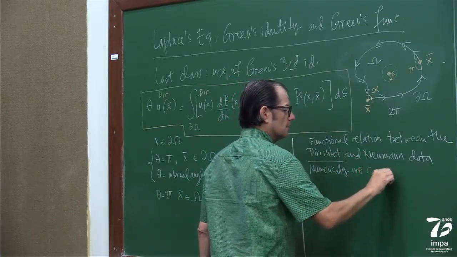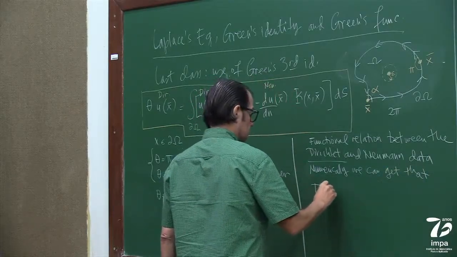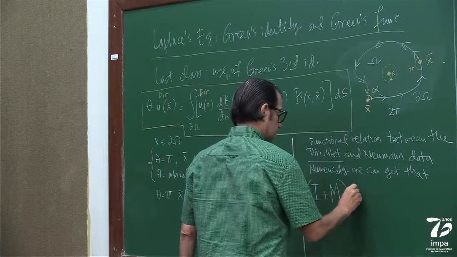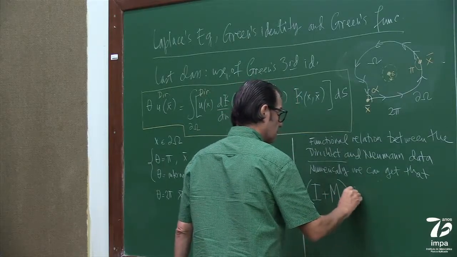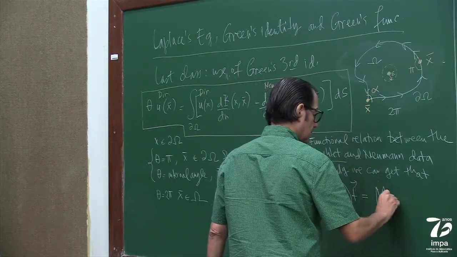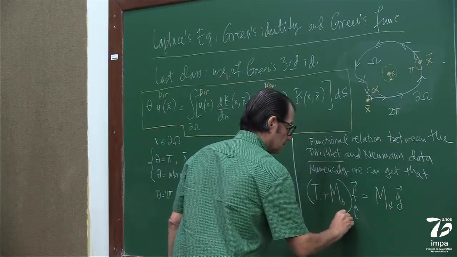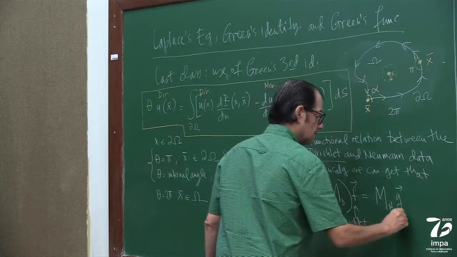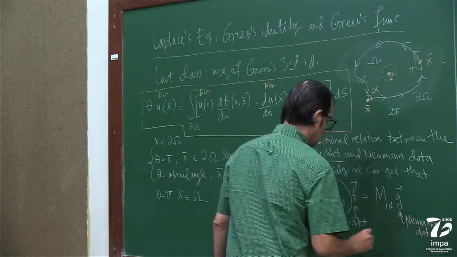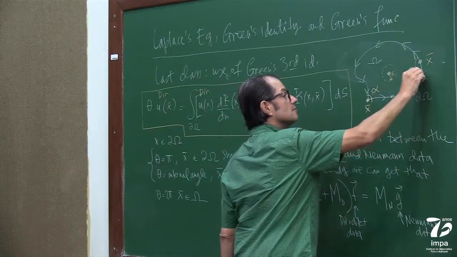Numerically, we can get that identity matrix plus, I'm calling this MN matrix for the Neumann data, no, sorry, the Dirichlet data, let me call this F, is equal to MN times G, with this Neumann data, Dirichlet data on a grid, which means we discretize this, we put points.